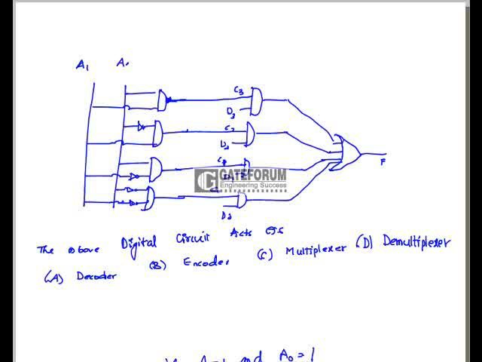Only one of those is going to be passed, means A1 and A0 act as selection lines. So it is a multiplexer. So option C is correct. Coming to the value of F, if A1 and A0 both are equal to 1, means C3 is going to be 1. So D3 is going to be passed to the F. So option C is correct.